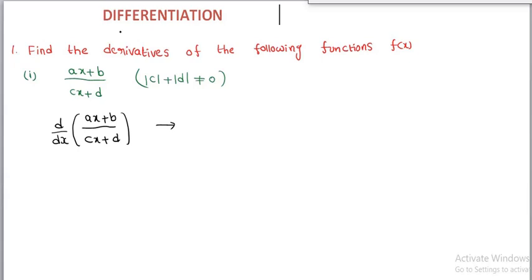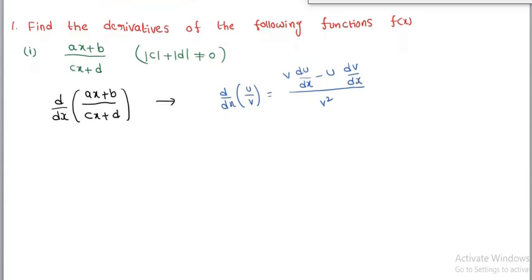So this is of the form d by dx of u by v, which equals (v du by dx minus u dv by dx) by v square.